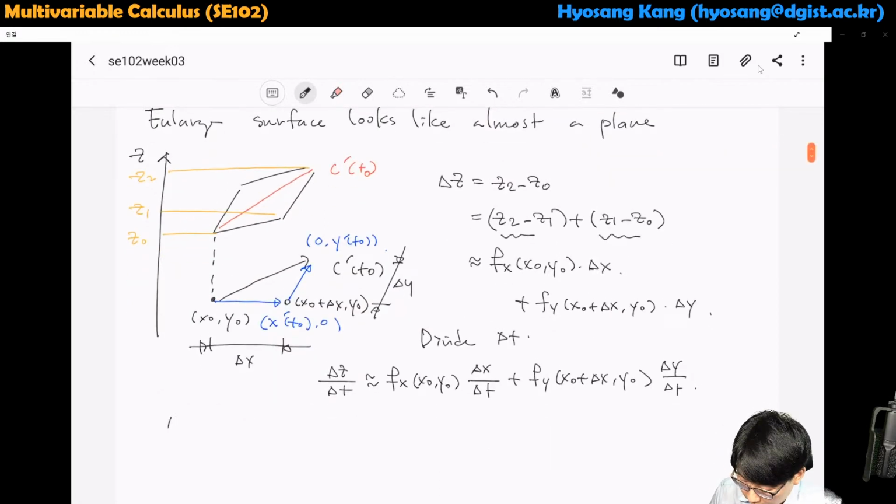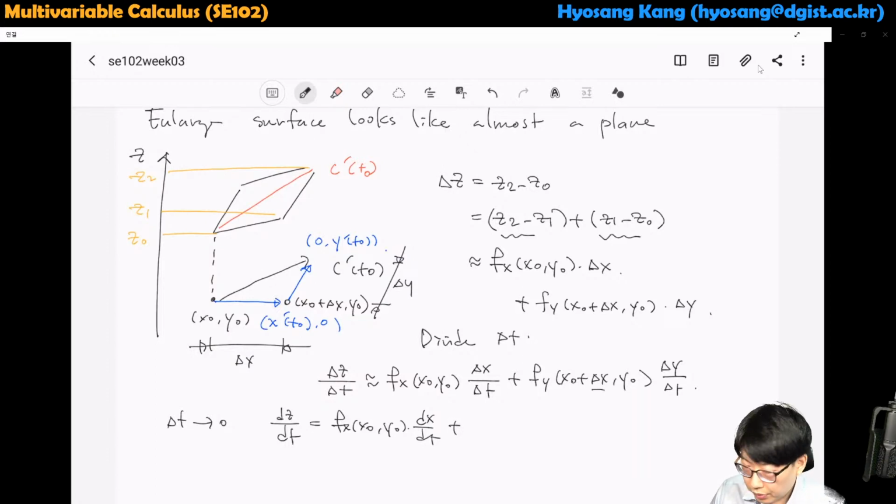So this is also approximation. And then let delta t go to 0 because we are looking at infinitesimal change of time. So this delta z over delta t becomes dz/dt. And now if I make this time sufficiently small, this approximation becomes actual equality. So we have fx at x0, y0, dx/dt. And then delta x goes to 0, so therefore fy at x0, y0, and dy/dt.